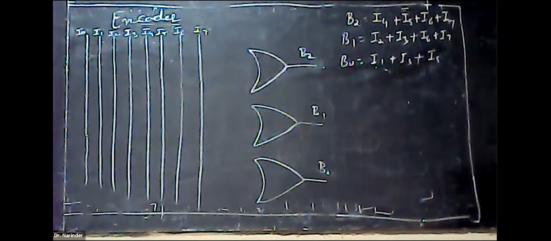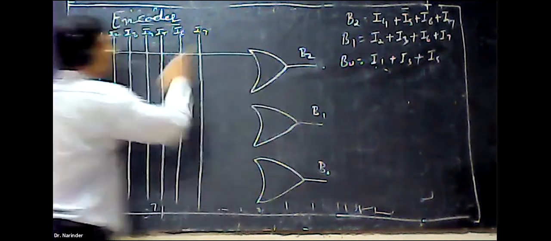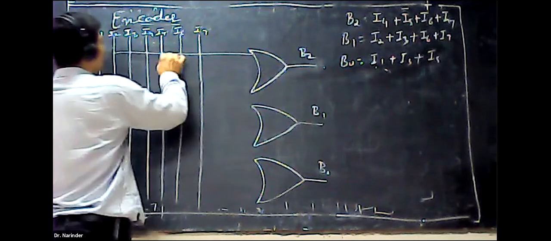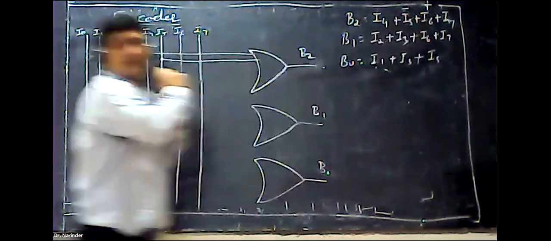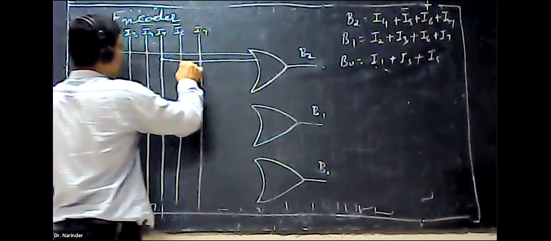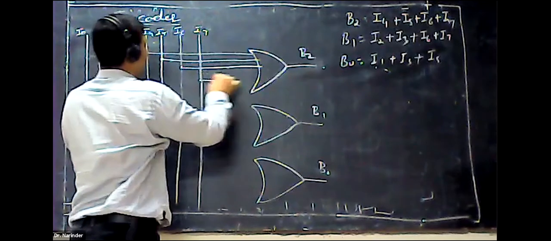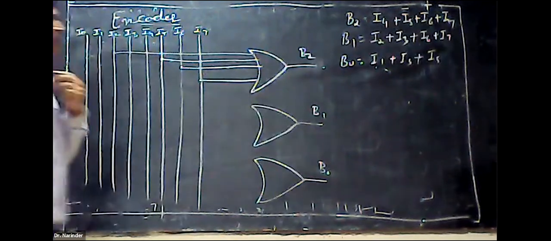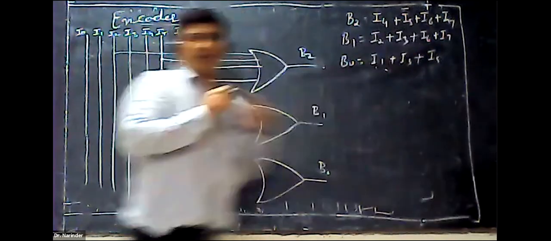Now, B2 is composed of I4, I5, I6, I7, so connect I4, I5, I6, and I7. As for B1, it is composed of I2, I3, I6, I7.